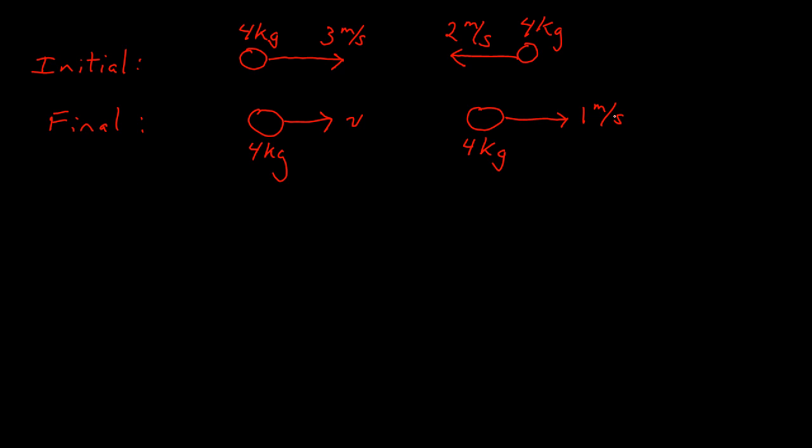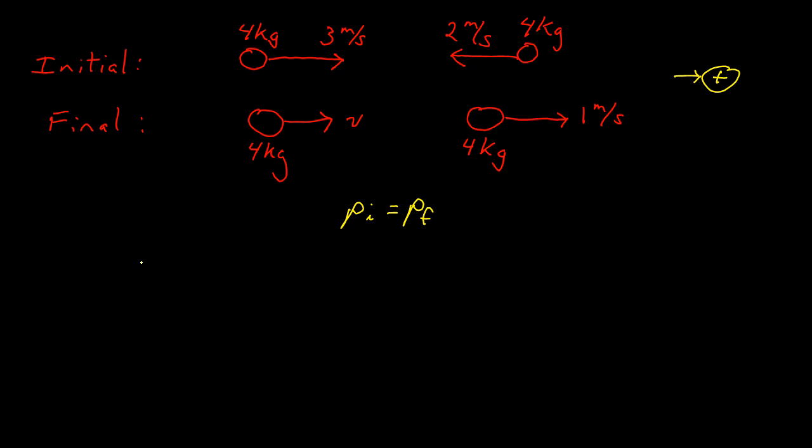Now, anytime you're dealing with motion involving vectors, you need to decide which is your positive direction. So, in this case, I'm going to use the standard. To the right is positive. To the left will be negative. Okay, I got what I need. Let's look at conservation of momentum. P initial will be equal to P final.